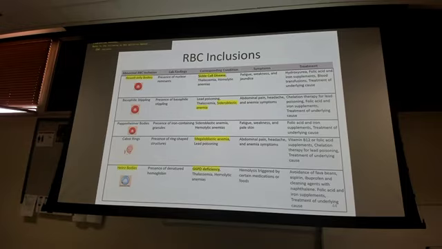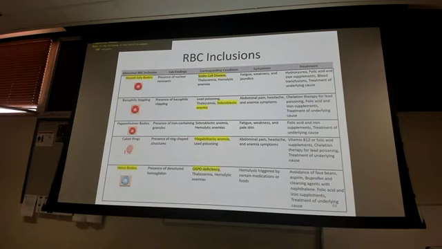RBC inclusions. Just know that Howell-Jolly bodies are associated with sickle cell disease. And what were the cells that were also in sickle cell disease? Remember the crescent-shaped ones? Drepanocytes. Correct.